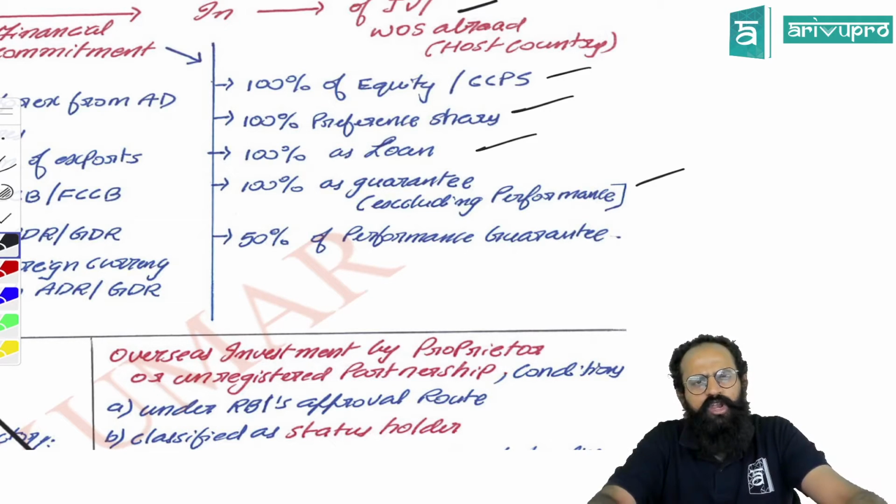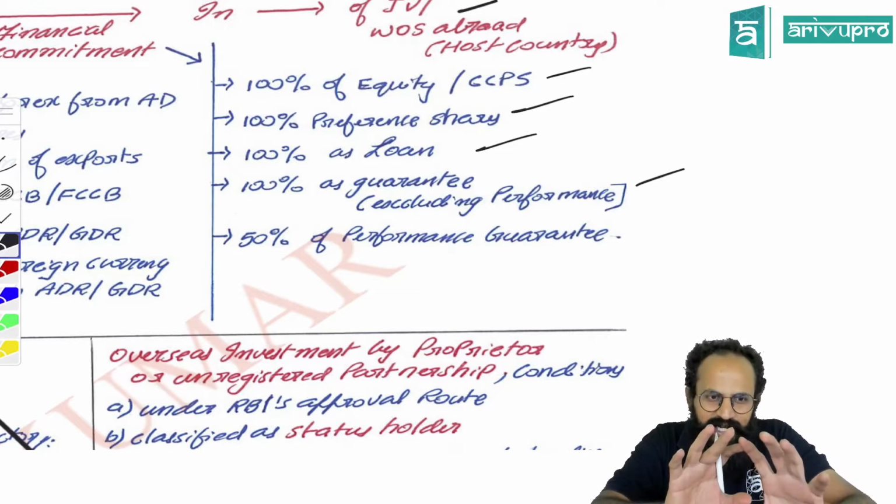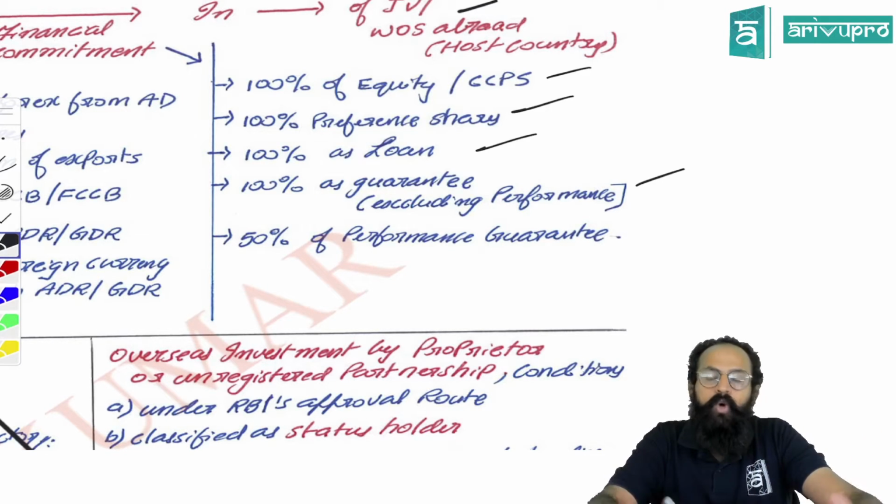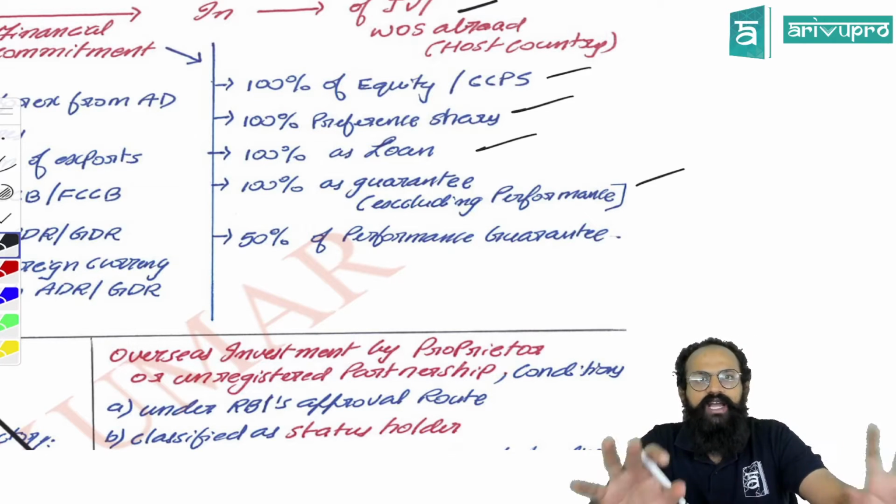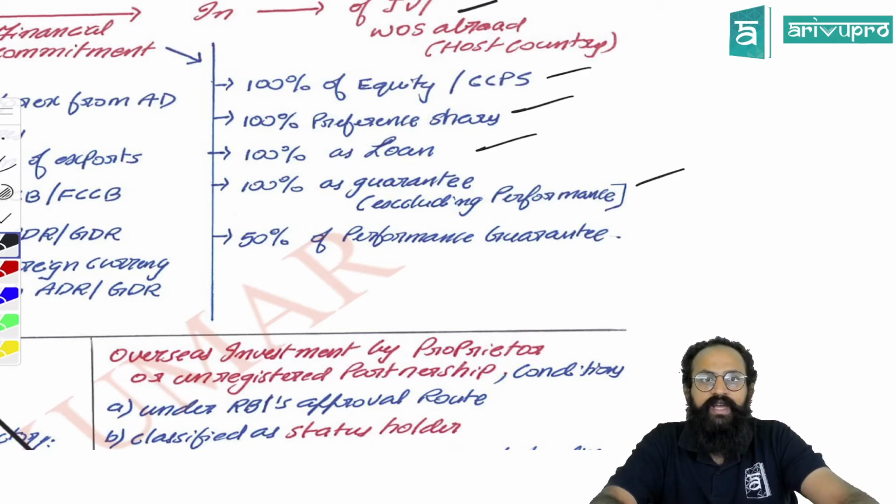Basically, we used to call all of this financial commitment. Now, people, they have made a clear distinction between what is equity, what is debt, what should be called ODI, and what should be called financial commitment. That is one amendment they have made. Is it clear, people? Yes? Okay.